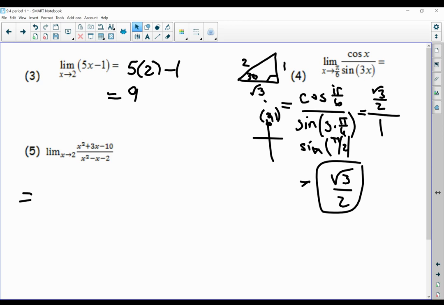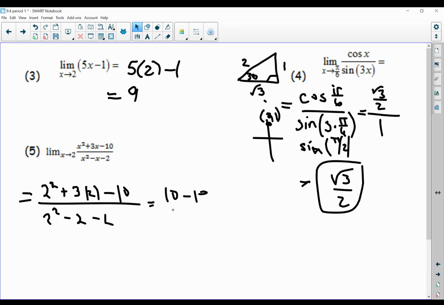So I'm going to plug in 2 first. So I get 2 squared plus 3 times 2 minus 10 over 2 squared minus 2 minus 2. So that's going to give me 10 minus 10 over 4 minus 4.